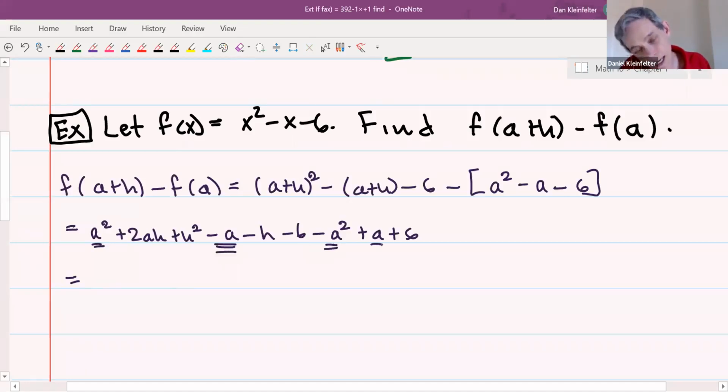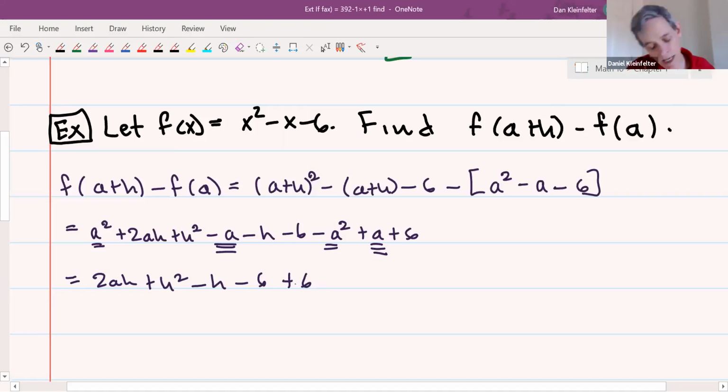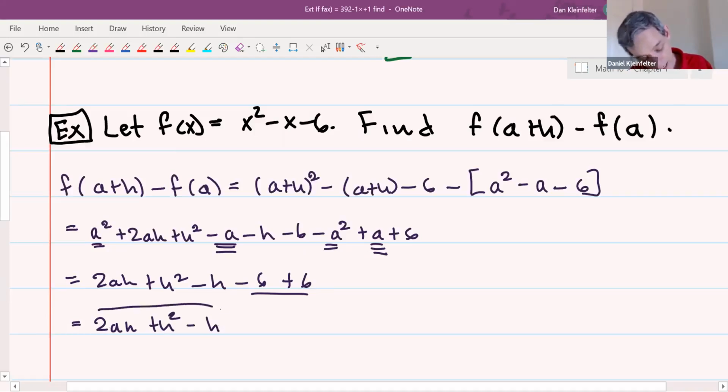This minus a and plus a also add up to 0. So let me copy out what else I have. Looks like the minus 6 and plus 6, so those two will add up to 0. So it looks like 2ah plus h squared minus h. And that's the end of that.